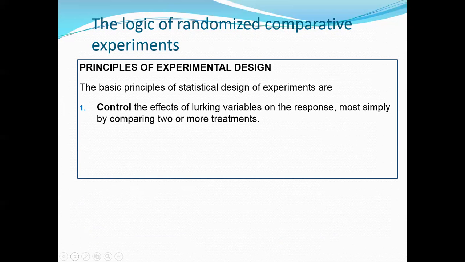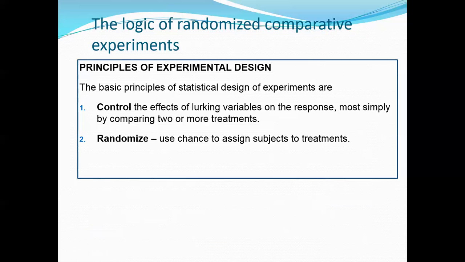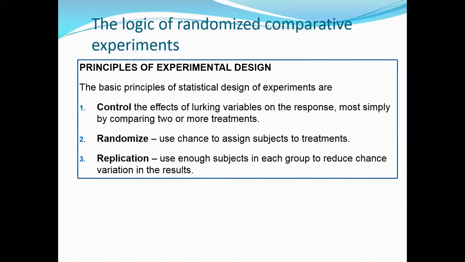Principles of experimental design. The basic principles of statistical design of experiments are: 1. Control the effects of lurking variables on the response, most simply by comparing two or more treatments. 2. Randomize: use chance to assign subjects to treatments. 3. Replication: use enough subjects in each group to reduce chance variation in the results.